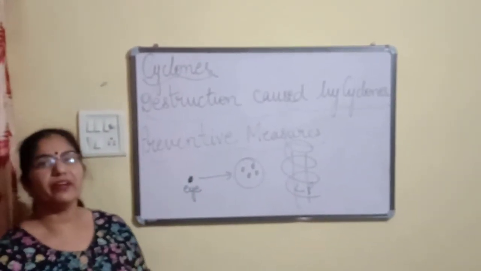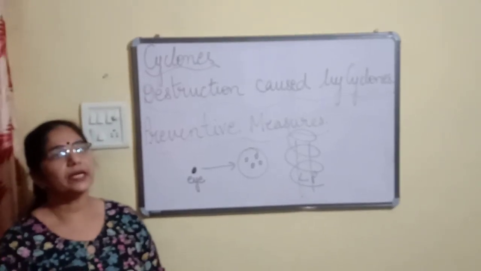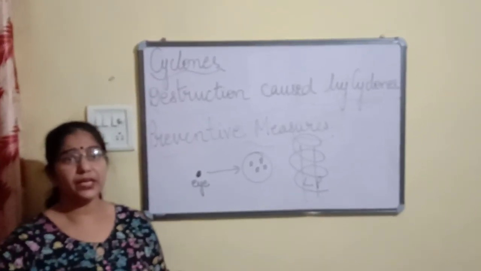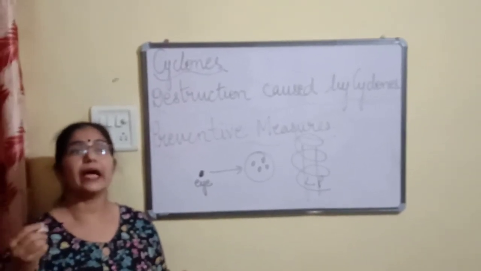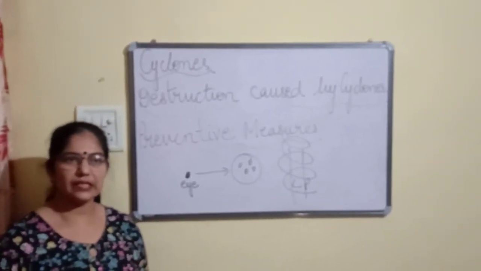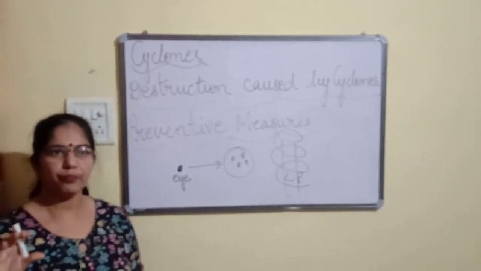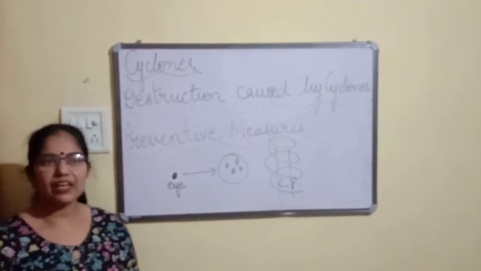Now, what are the preventive measures that we must take? Firstly, when we get cyclone alerts or warnings, we must take them seriously and vacate our houses if they are near the seashore. Self-help is the best help.